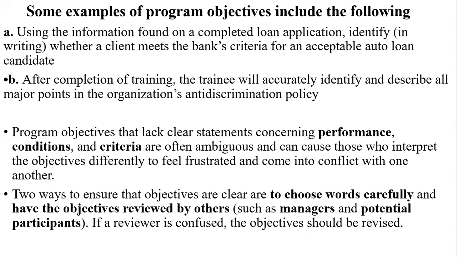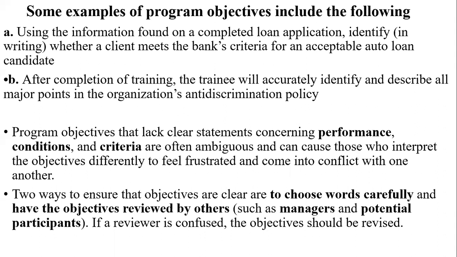The first one is trying to say that by the end of the program, the trainees should be able to use the information found on a completed loan application to identify whether a client meets the bank's criteria for an acceptable auto loan.